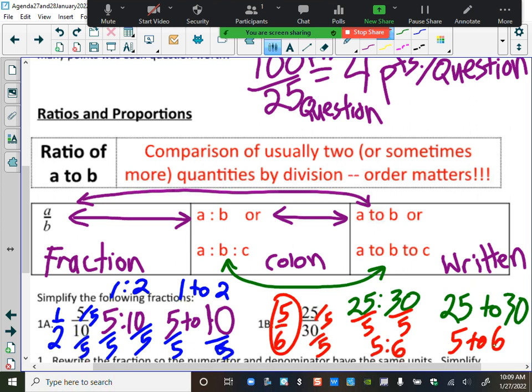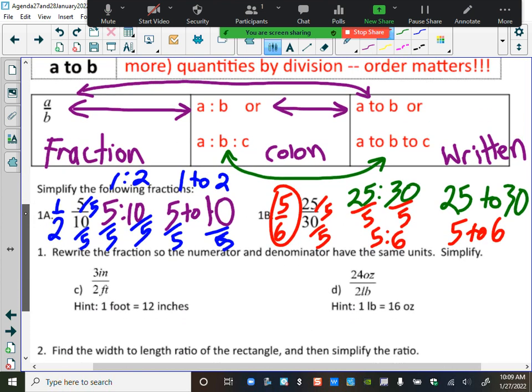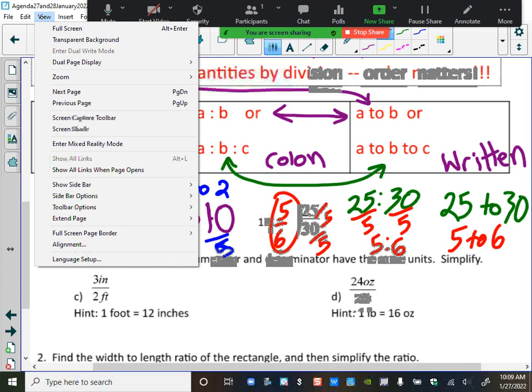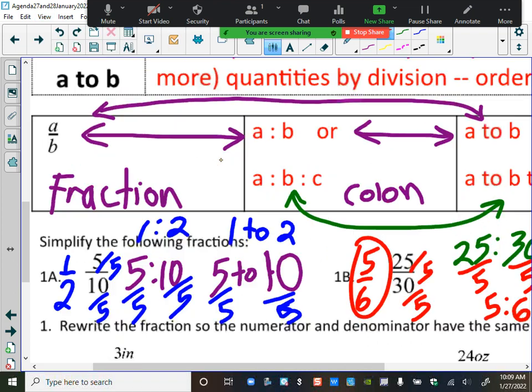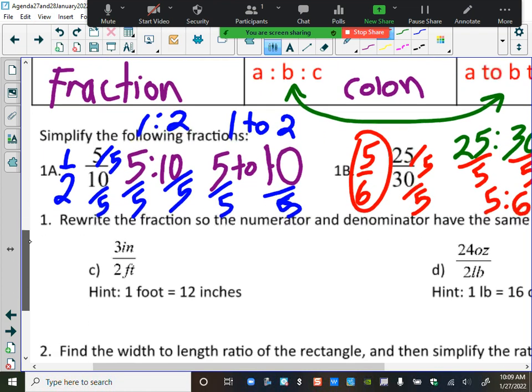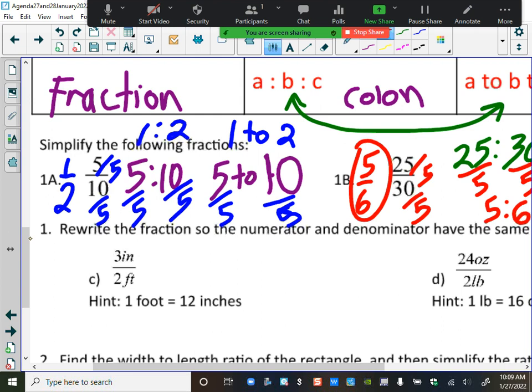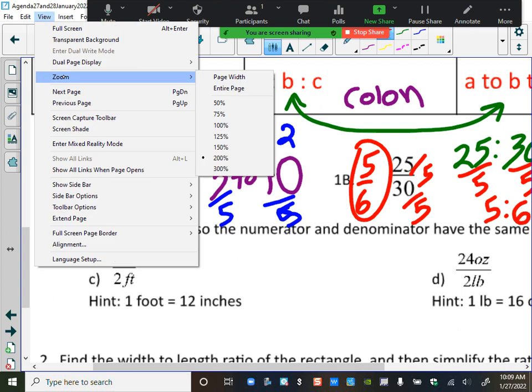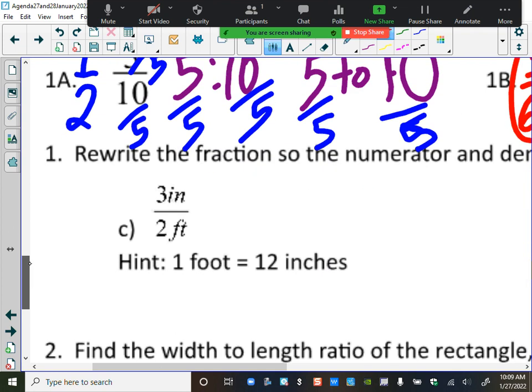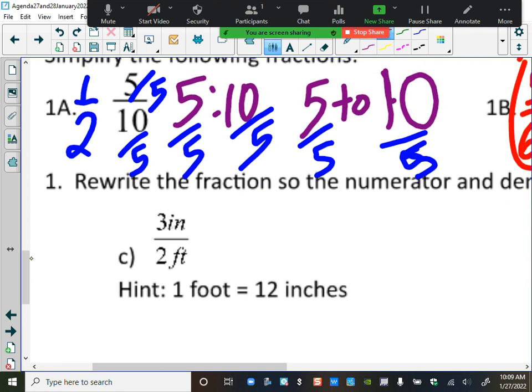All right, here we go. Now, the next 2, let me make these a little bigger. Sometimes we're going to play a game with you where you're going to need to convert some values first before you can compare.